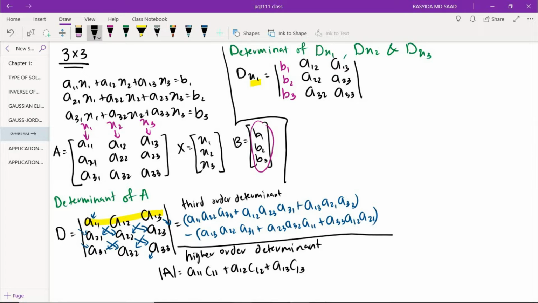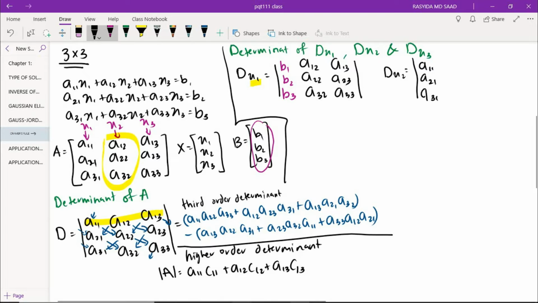As for x2, since we want to find x2, we substitute the second column. The first column is the same: a11, a21, a31.